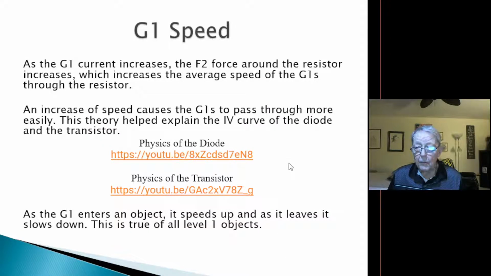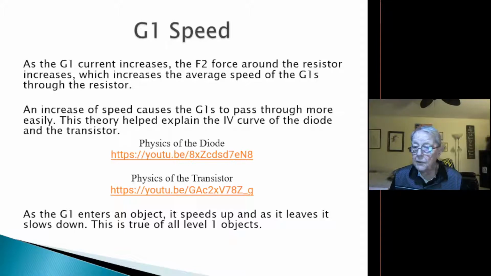Now, to refresh your memory about this whole point, the G1 speed through a component does affect its interaction. As the G1 current increases, the F2 force around the resistor increases, which increases the average speed of the G1s through the resistor. An increase of speed causes the G1s to pass through more easily.